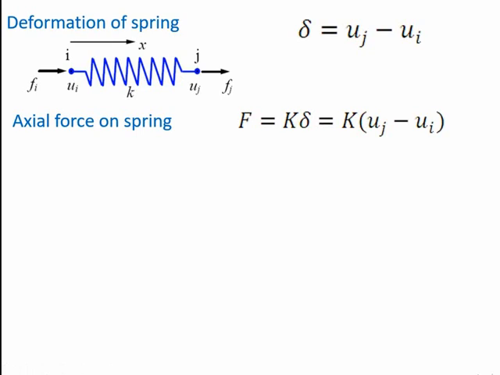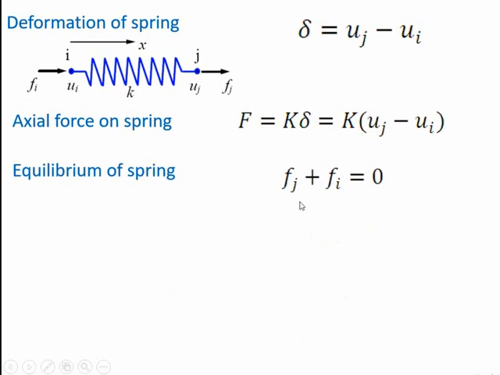If Fi is the force at node I and Fj is the force at node J, then Fi plus Fj is equal to 0, or Fi is equal to minus Fj, or Fj is equal to minus Fi. So according to equilibrium, Fi plus Fj is equal to 0, and Fj is equal to minus Fi.